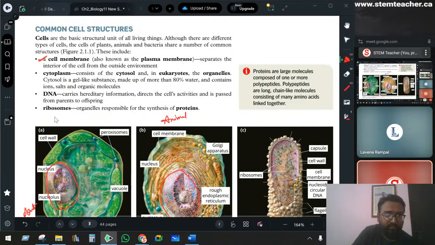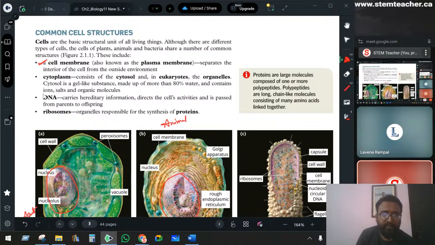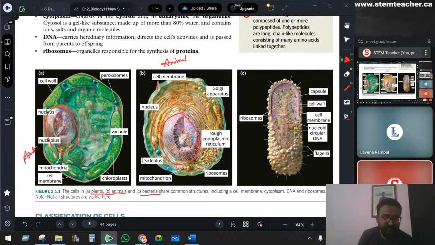It is also known as the plasma membrane, and it separates the interior of the cell from the outside environment. After the plant cell there is the environment, but after the animal cell there is another organ. Animal cells are inside the body, so they don't need a cell wall. They need a cell membrane, and that is enough. So the cell membrane separates the interior of the cell from the outside environment. This is the cell membrane.